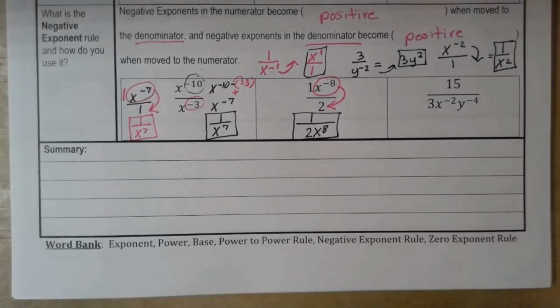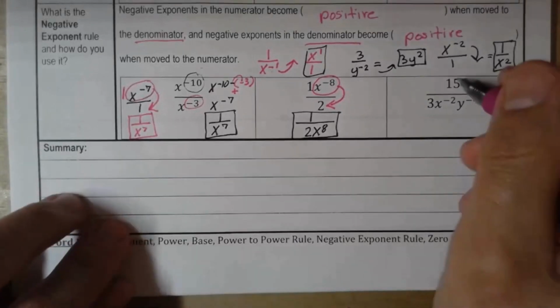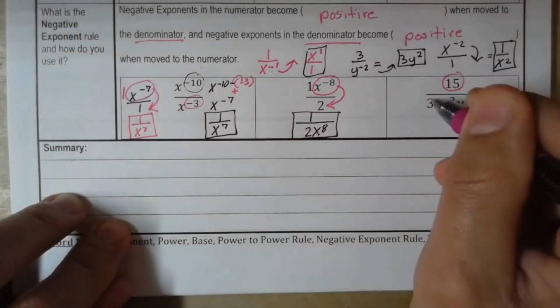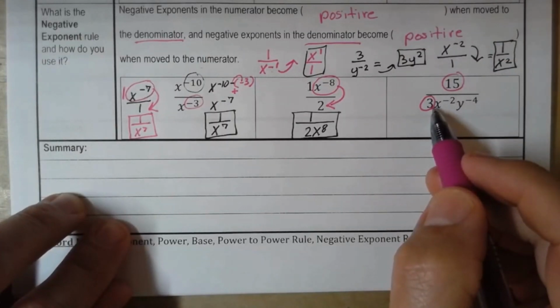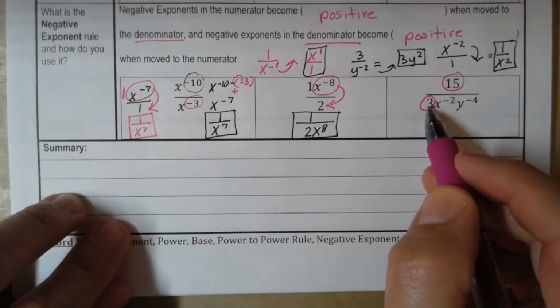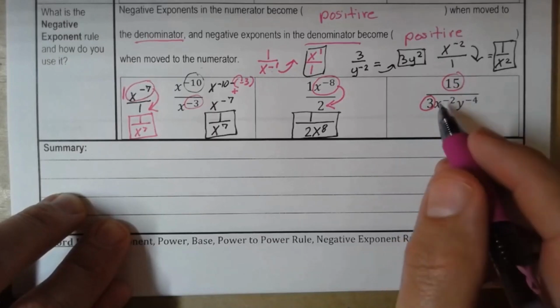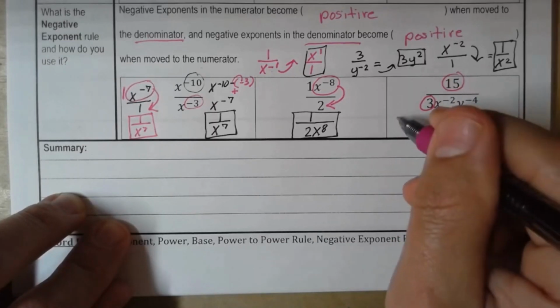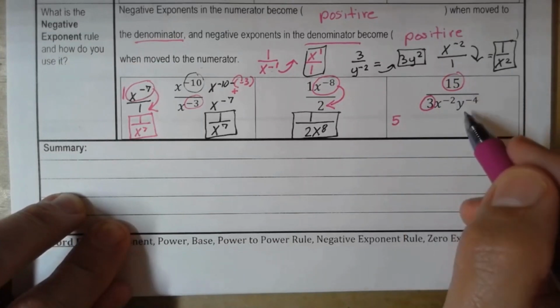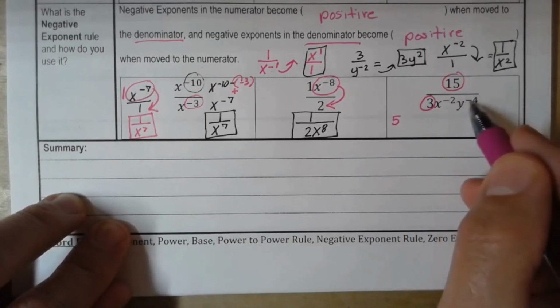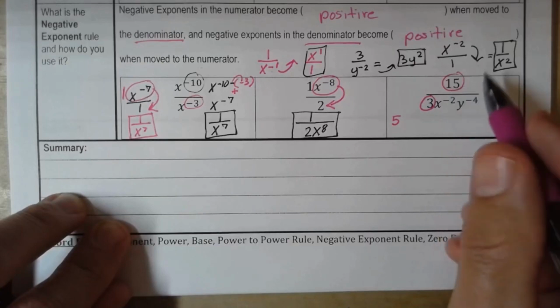Okay, in this last one, the first thing that I notice is that I have a 15 in the numerator and a 3 in the denominator. I know 3 can go into 15 5 times. Then I look at these down here, these are both negative powers, but there are no variables on top.